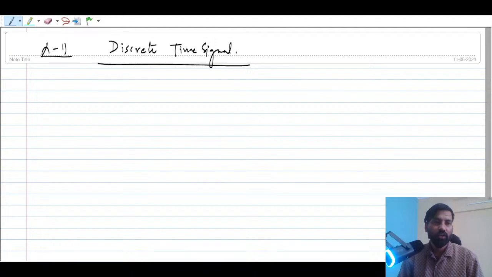So we have to make sure that while doing time scaling, your time should be integer only. You might have seen I have discussed two things: one was decimation and one was interpolation.